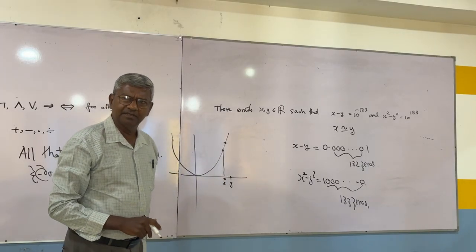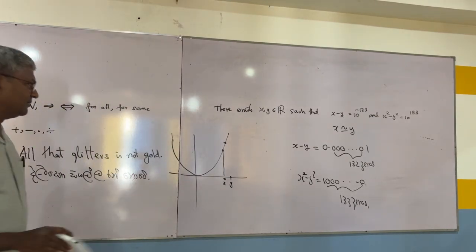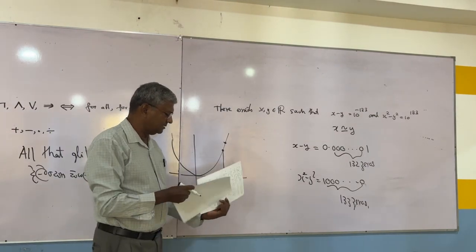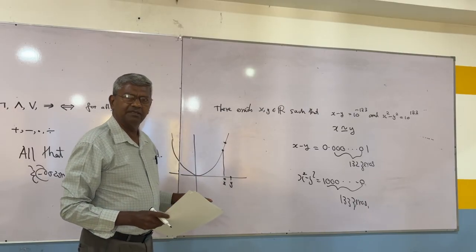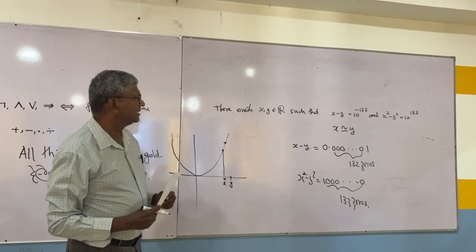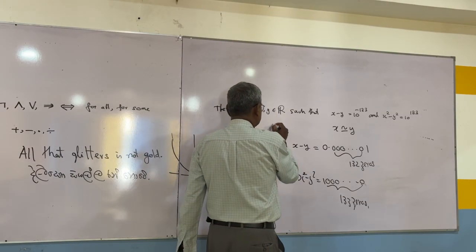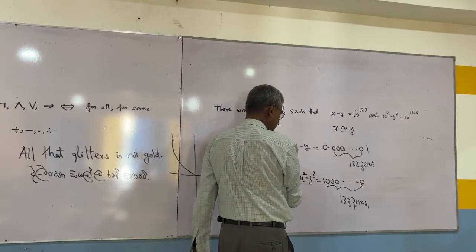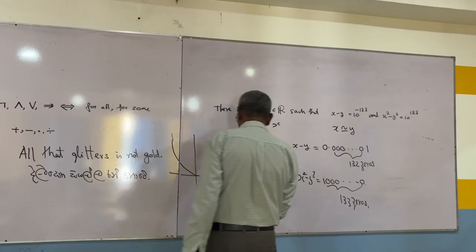Do you want to say something? No. So x and y are terribly close. You should interchange x and y now because x is greater than y. Because x minus y is greater than 0, x should be greater than y on the graph.